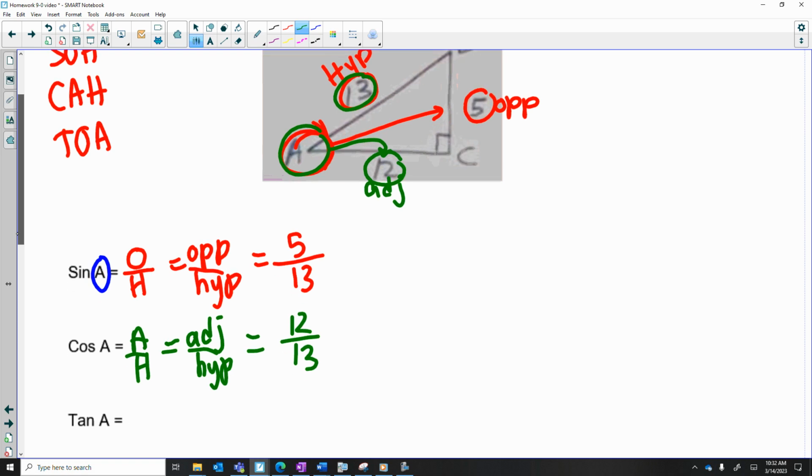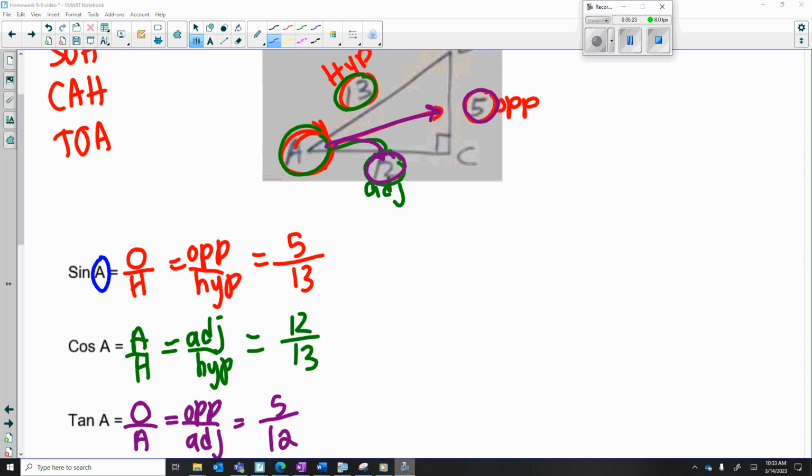And now let's do the tangent of angle A. Tangent is TOA, O over A. That is opposite over adjacent. Opposite was 5 and adjacent was 12. So the tangent of angle A is 5 over 12. Notice these are all just ratios with respect to angle A.